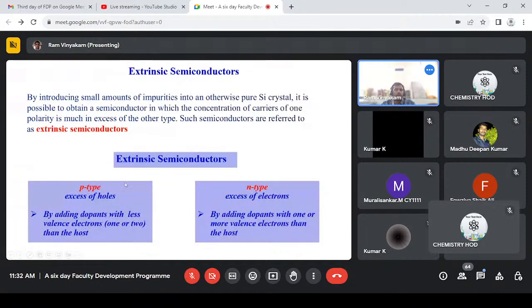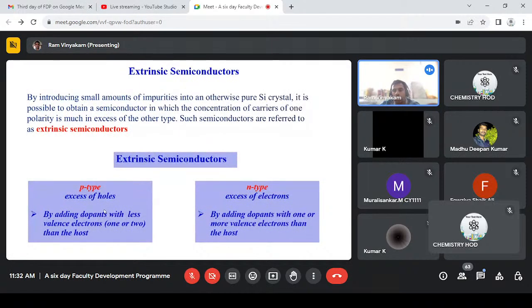So when we say extrinsic, we select a proper substitution of elements according to what we need. Suppose we want a p-type, we need an excess of holes, so we add an element with one or two valences less than the host semiconductor. This leaves electrons missing in the bonding, which creates holes in the valence band.